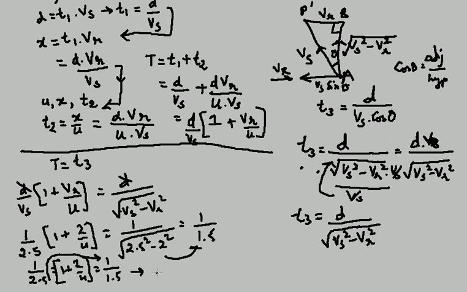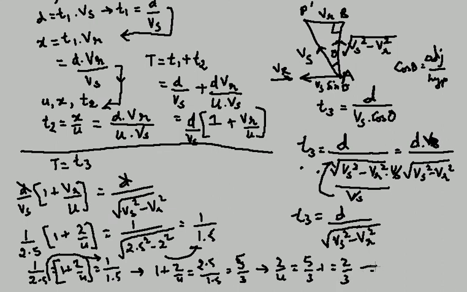So then 1 plus 2 by u is equal to 2.5 by 1.5, which is 5 by 3. So this implies 2 by u will be equal to 5 by 3 minus 1, which is equal to 2 by 3. So net, u is equal to 3 kilometers per hour. So that's it, we are done.